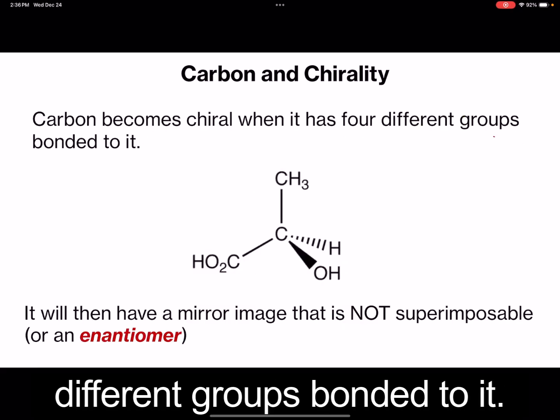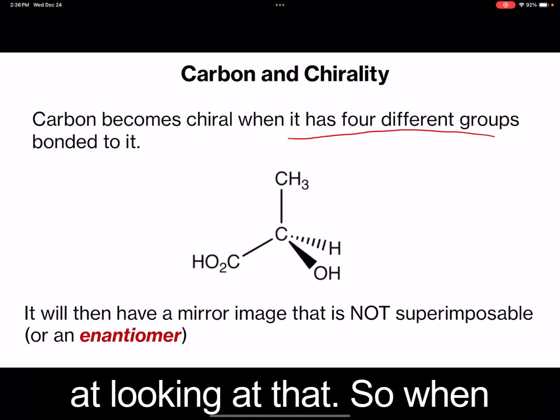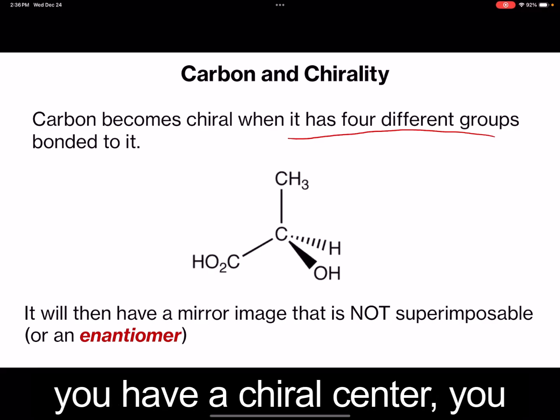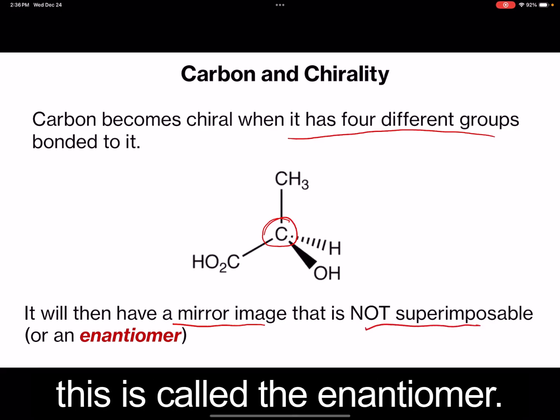Carbon is chiral when it has four different groups bonded to it, and we've been getting practice at looking at that. So when you have a chiral center, you can have a mirror image that is not superimposable, and this is called the enantiomer.